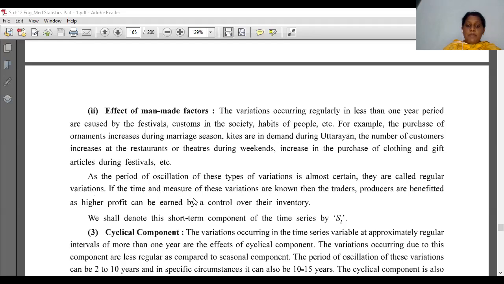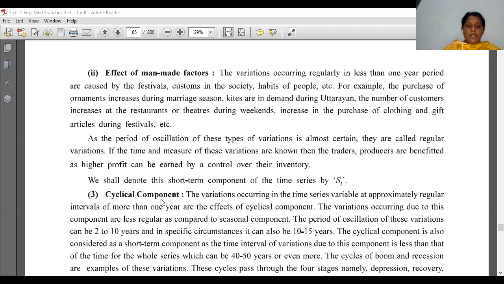If the time and measures of these variations are known, then traders and producers benefit as a higher profit can be earned by controlling their inventory. We shall denote this short-term component of the time series by St.